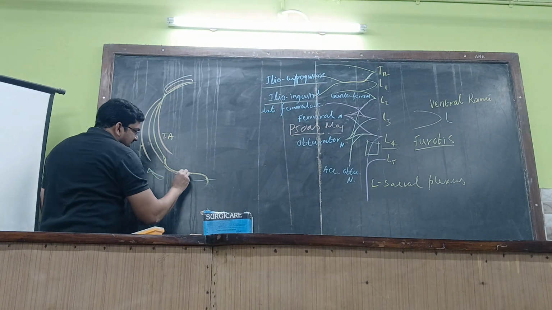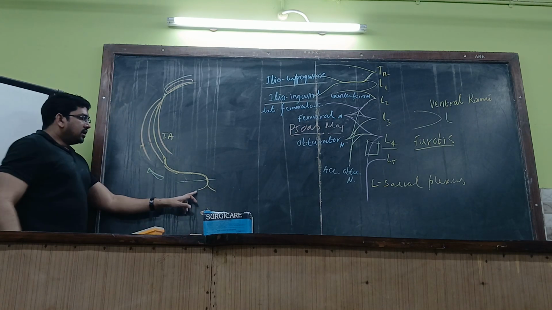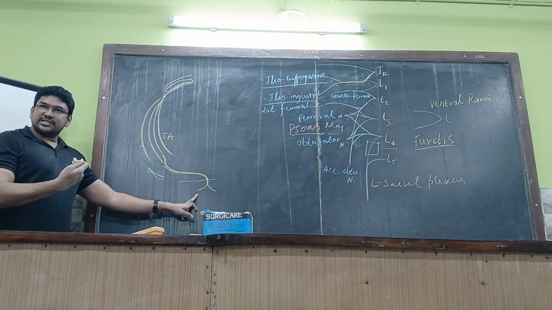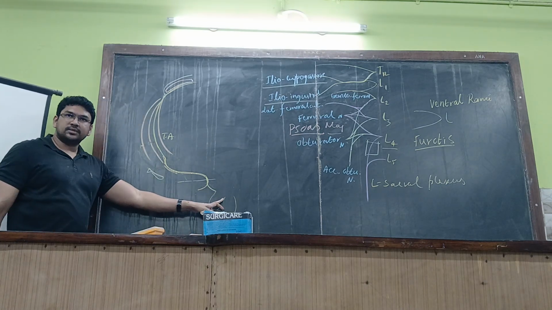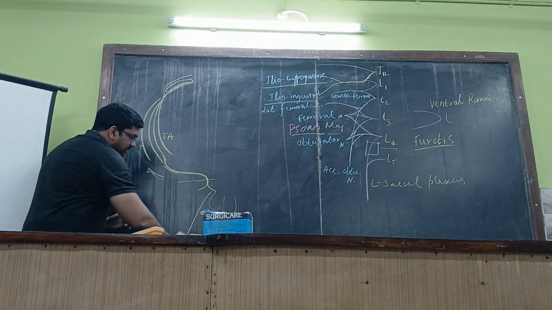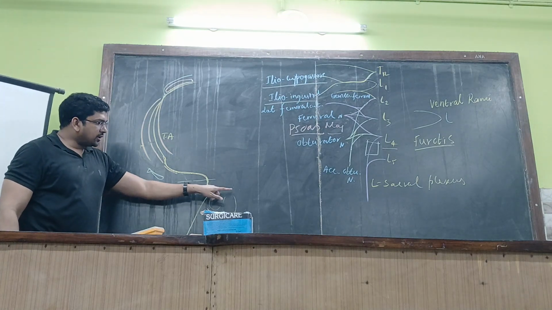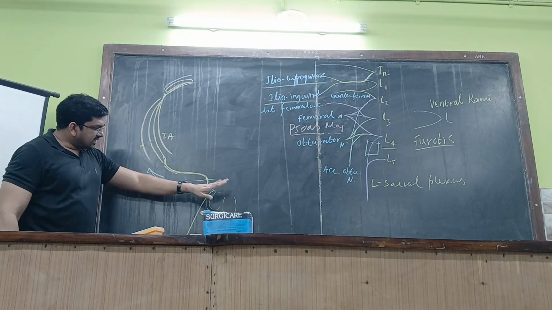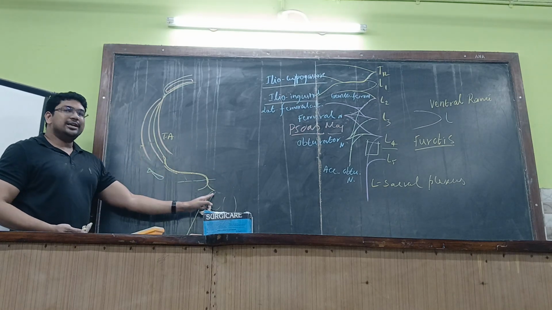Okay. So it enters into the superficial inguinal ring and supplies the upper and medial aspect of the thigh, and also the scrotum and penis over here. So this part is the upper and medial part of the thigh, and root of the scrotum and root of the penis. So the genital region and upper part of the medial aspect of the thigh will be supplied by this ilioinguinal nerve.